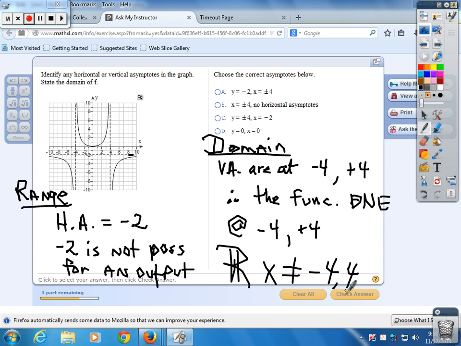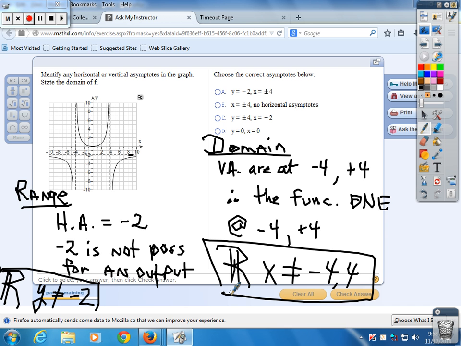What's your range? All reals except y cannot equal -2. So there's your range, and there's your domain. Now, do you have to write it like this, or can you put it in terms of infinity? Put it in terms of whatever you want to. I don't care.